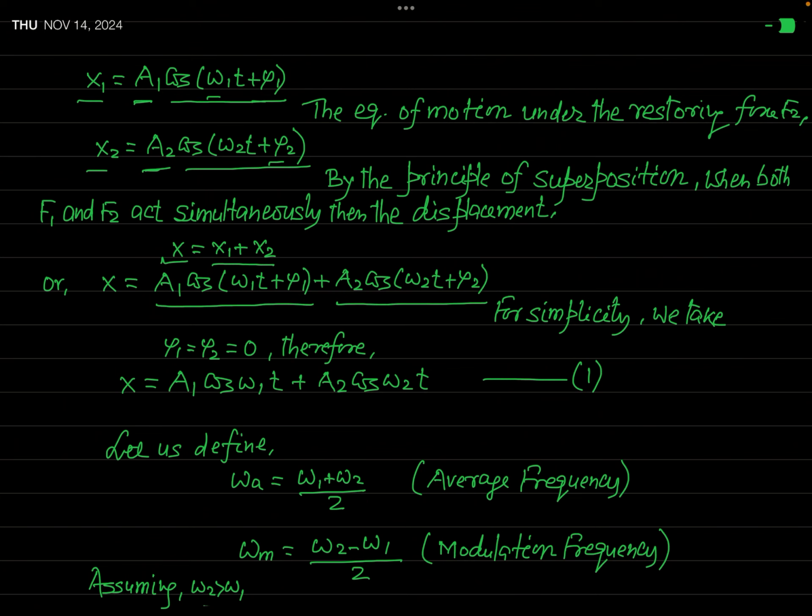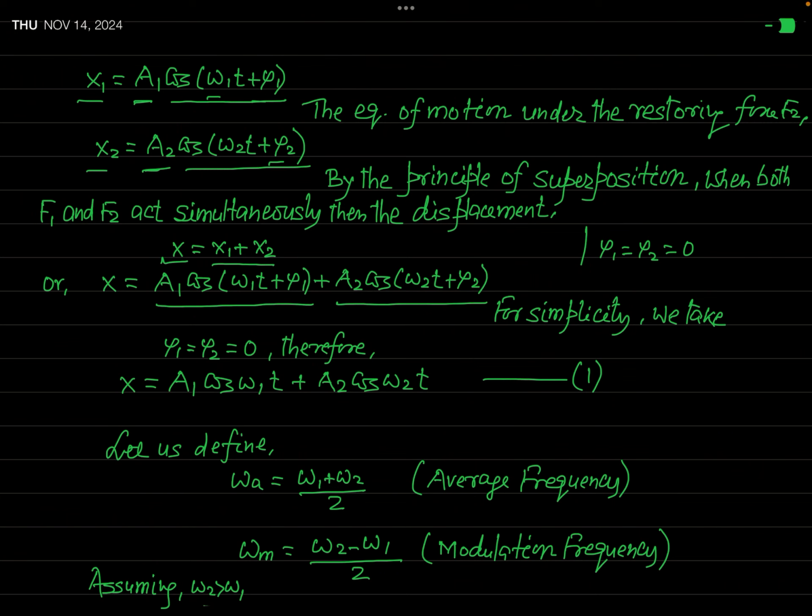Actually, here, for simplicity, we assume that the two oscillations have the same phase constant, which may be taken to be equal to 0. It means we take phi 1 equal to phi 2 equal to 0, for the sake of simplicity.